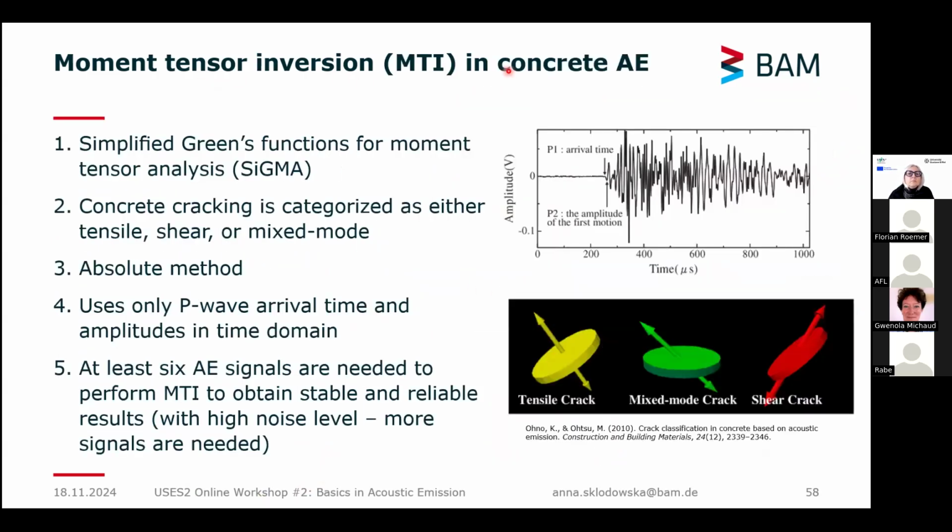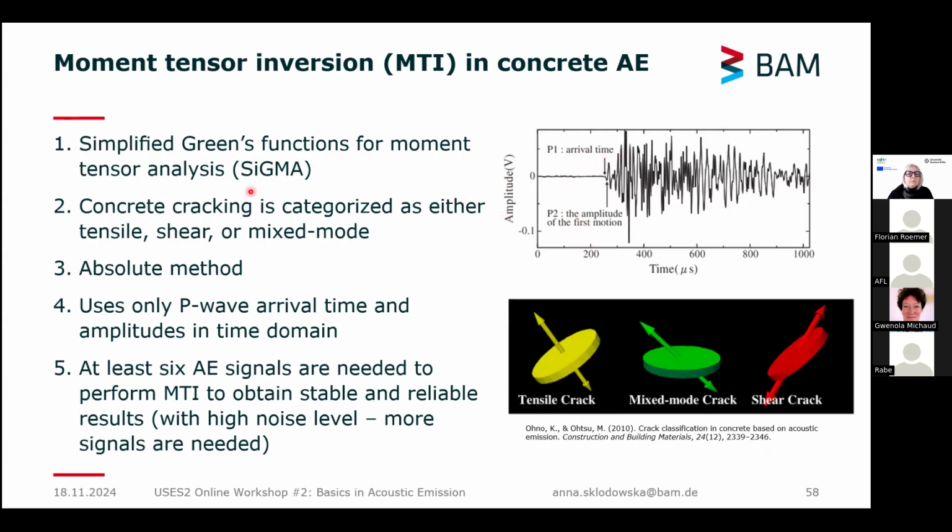For concrete, the method used for estimation of moment tensor inversion is called simplified Green's function for moment tensor analysis, in short, SiGMA. It characterizes concrete cracking in 3 different types: tensile, shear, or mixed mode. This is how it's represented. It's an absolute method and uses only the P wave arrival time and amplitudes in time domain.